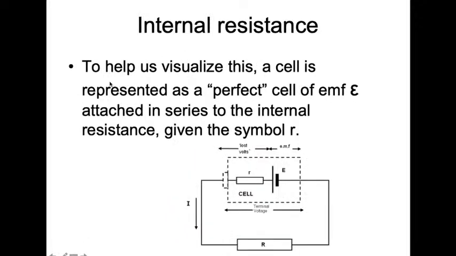To visualize, we're going to break up our cell into the part that is producing our EMF and the part that is acting as a small resistor within the power source. So far we've been thinking of all cells as just being this right half of our visualization aid, a perfect cell where all of the EMF is distributed to our circuit.